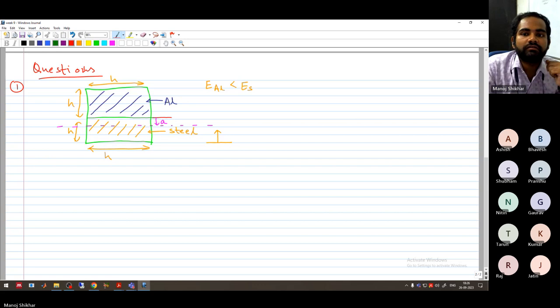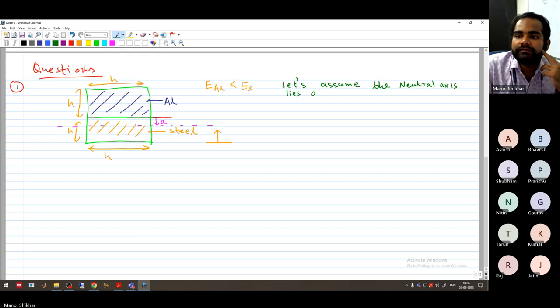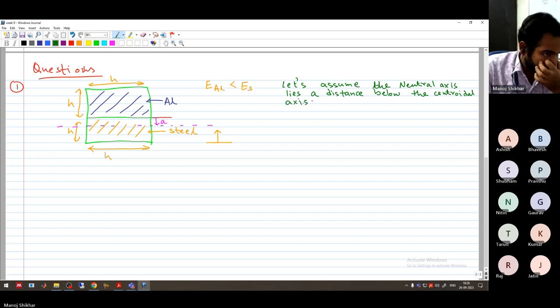So I'll write it. Let's assume the neutral axis lies a distance below the centroidal axis. Or we can also write the midline of the cross section.